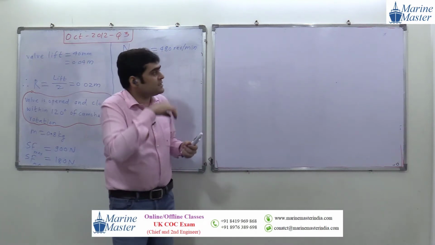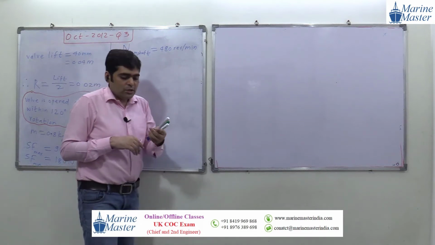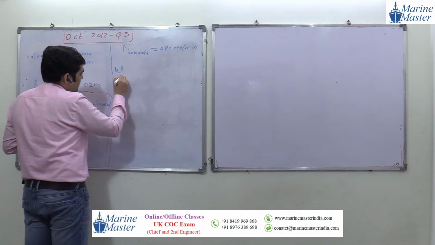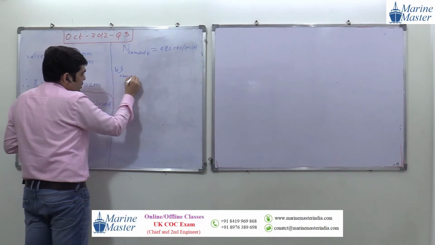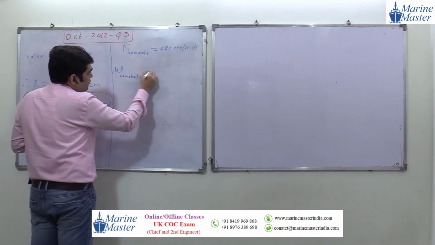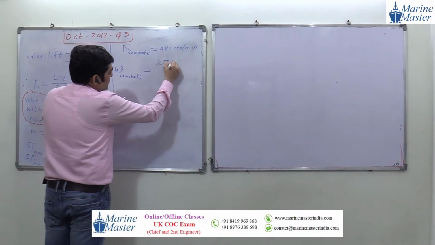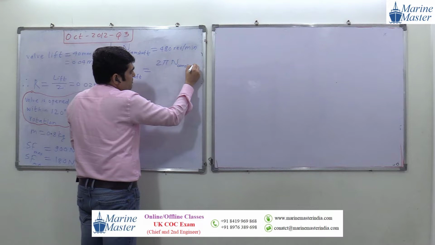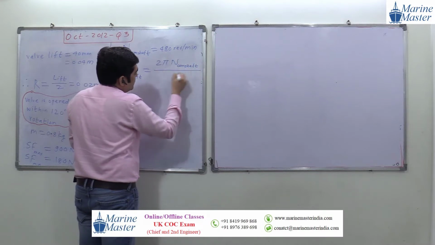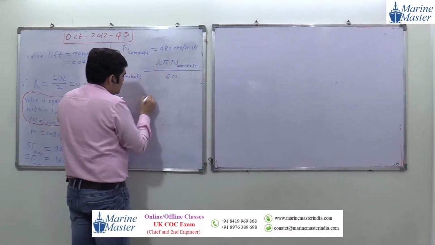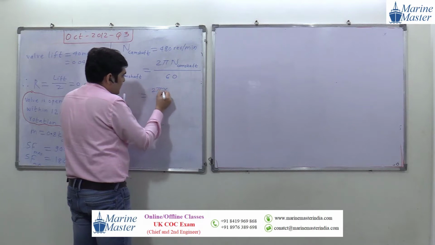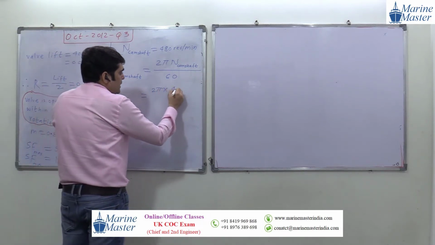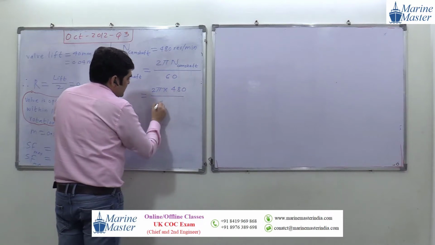Now here they have given us N camshaft. So omega camshaft will be equal to 2 pi N camshaft divided by 60. N camshaft is 480, so 480 divided by 60.